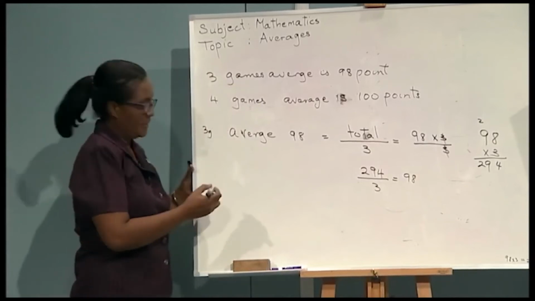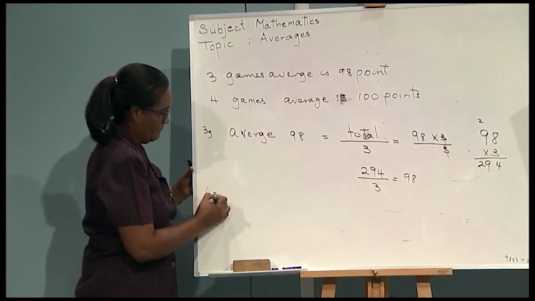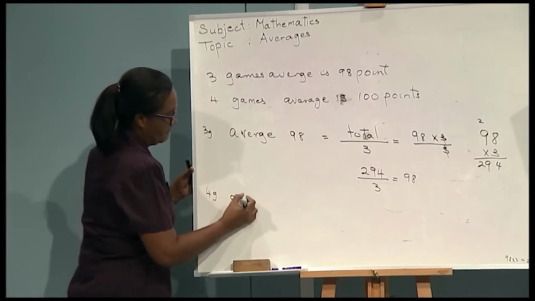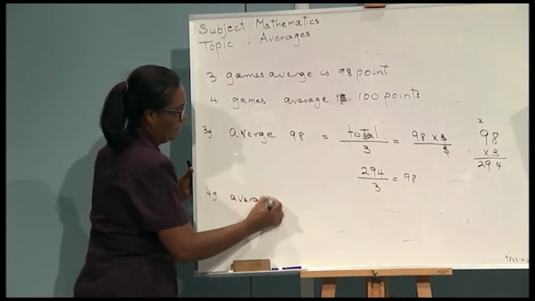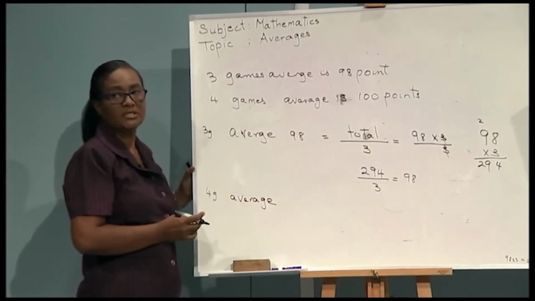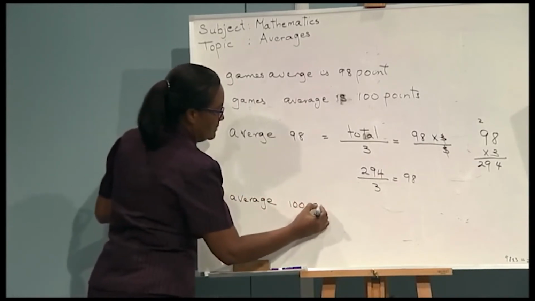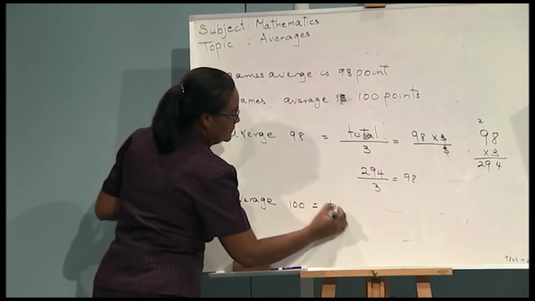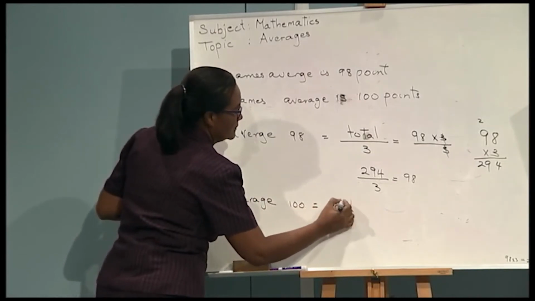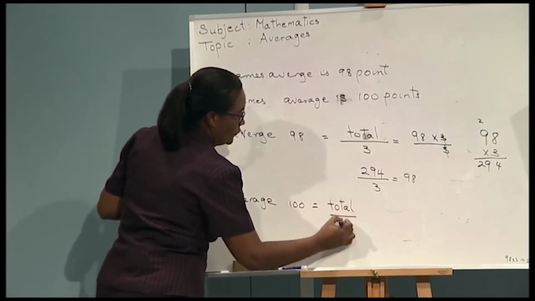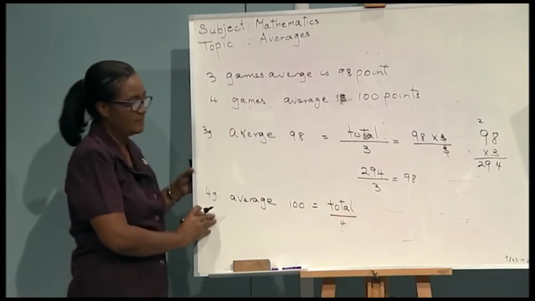Now let's move on to get to the 4-game. Okay, the average, they told us, was 100. The same situation, it would be the total divided by now 4, because there were now 4 games.